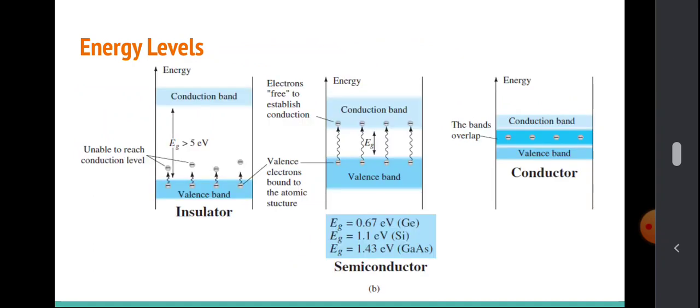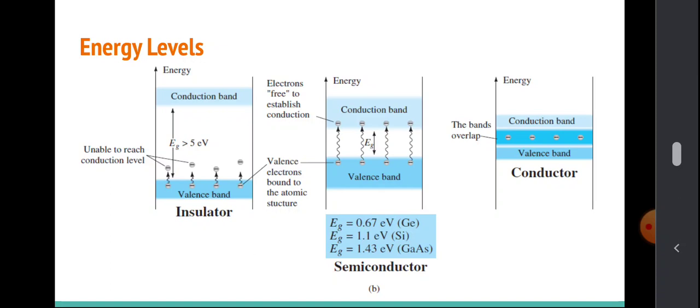So if we look here, the difference with the insulator, semiconductor, and the conductor. Okay, in the insulator, the conduction band is longer than the semiconductor, and the conduction band in the conductor is lower.